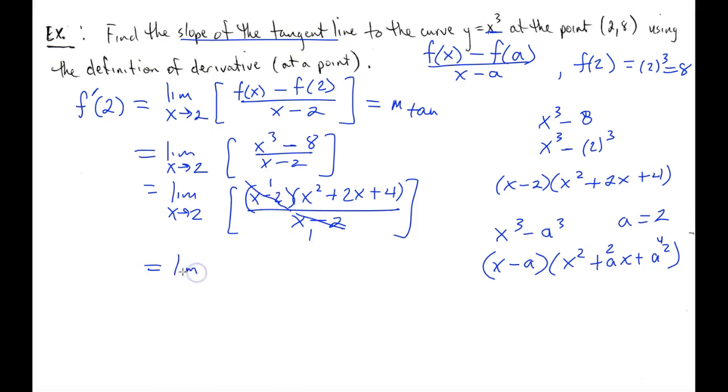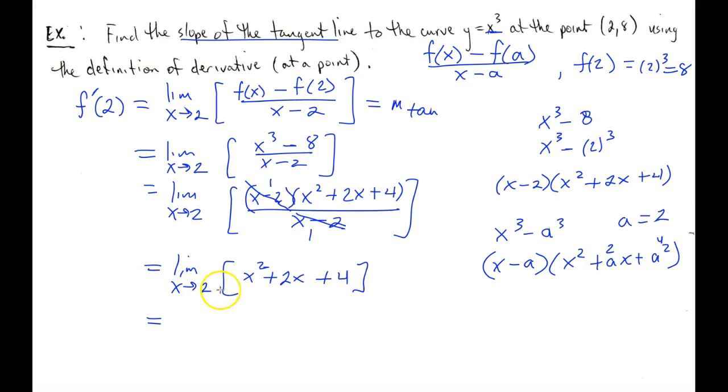Okay? And so here what we're saying is this rational function is going to act just like this polynomial or quadratic function here as x approaches 2 from both the left and the right.